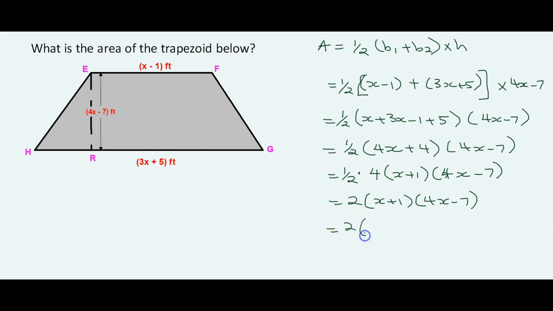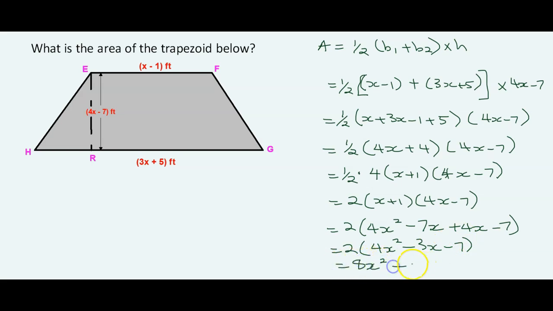This is going to be 2 times 4x squared minus 7x plus 4x minus 7. So this is 2 times 4x squared minus 3x minus 7. And when we multiply, we have 8x squared minus 6x minus 14. And then this is in square feet.